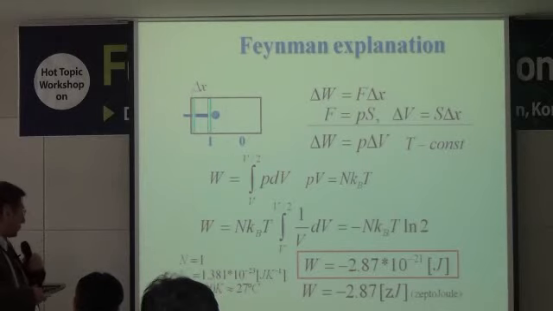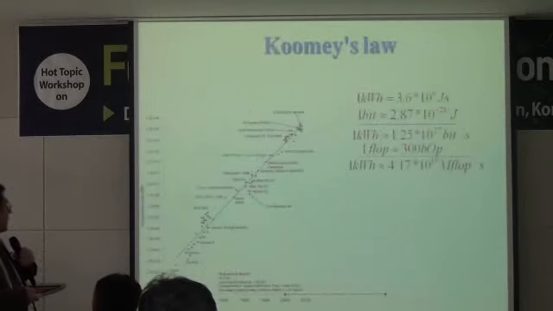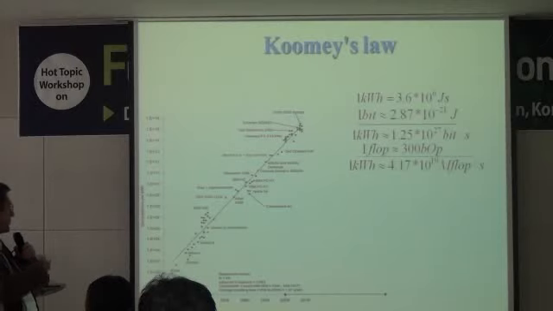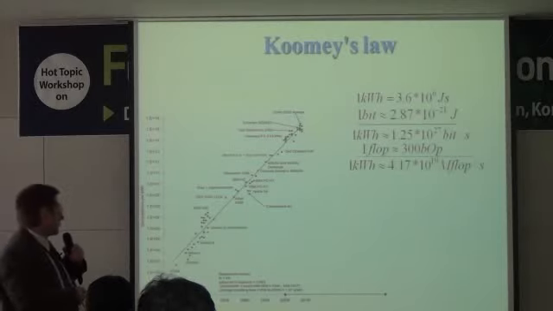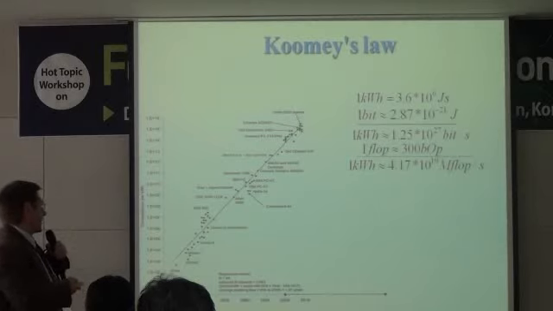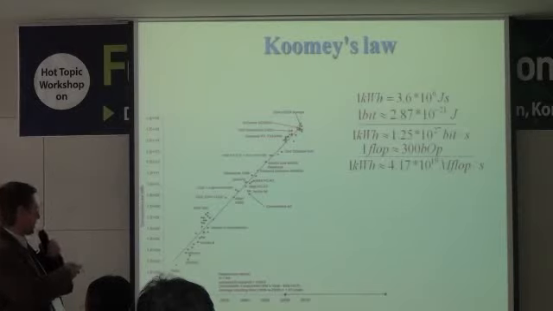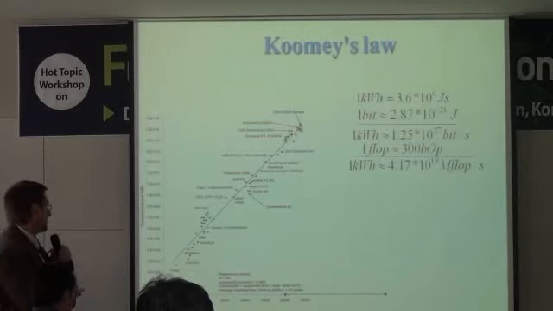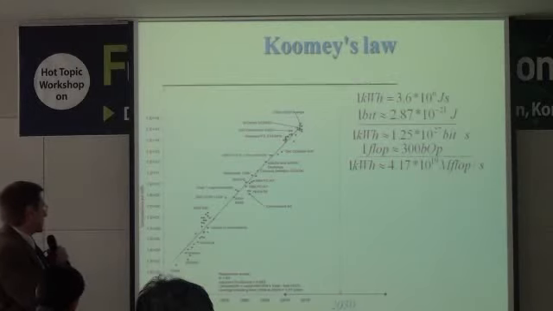And where are we today? If we forecast the future by Koomey's law, then we can calculate that from 1 kilowatt hour we may obtain approximately 4 times 10 to the 19 megaflops per second, and it gives this figure.